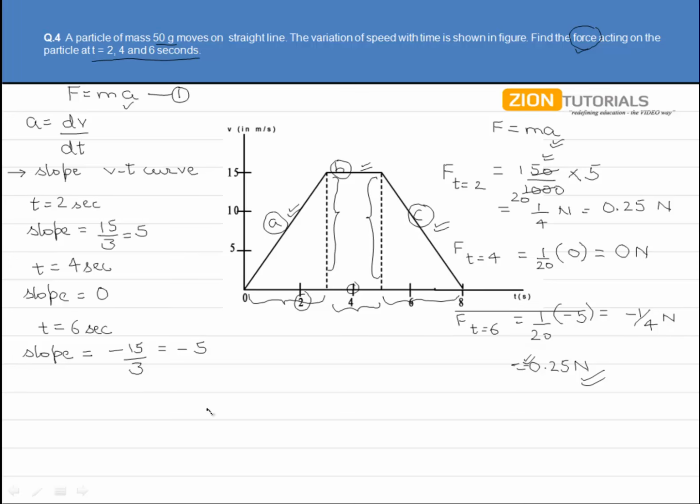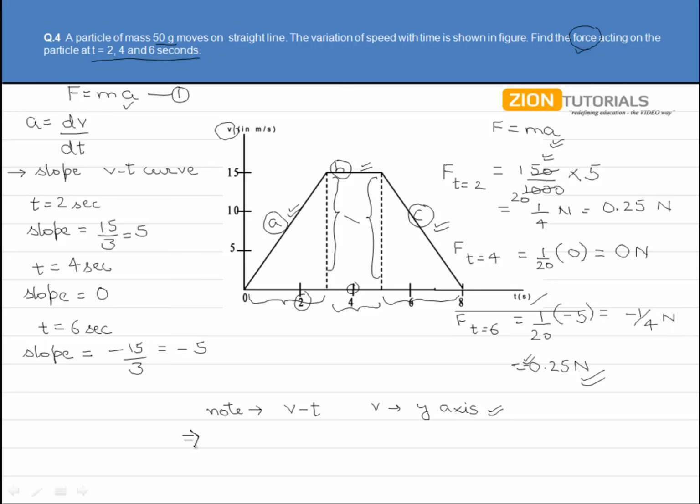Now, in such types of questions, don't ever forget to check that the graph should be a Vt curve. That is, the V must be on the y-axis. In case they have given any curve on which V is not on the y-axis but on the x-axis and t goes to y, then you will have to reverse, that is, you will have to take 1 upon slope into consideration.